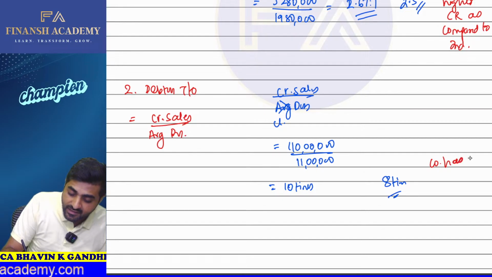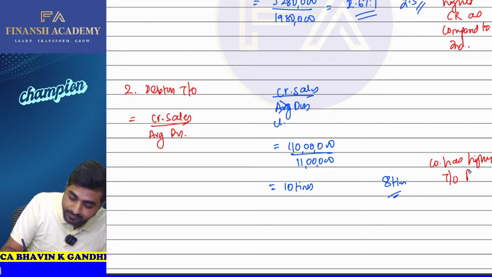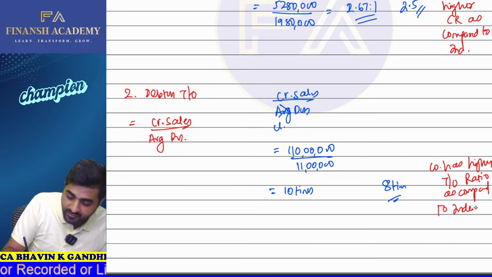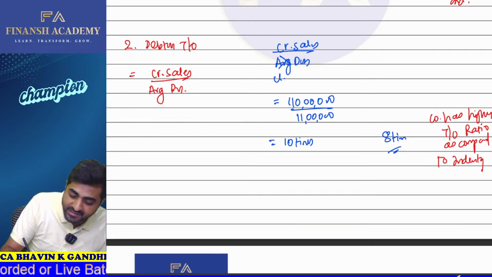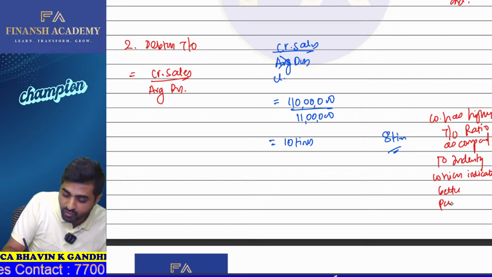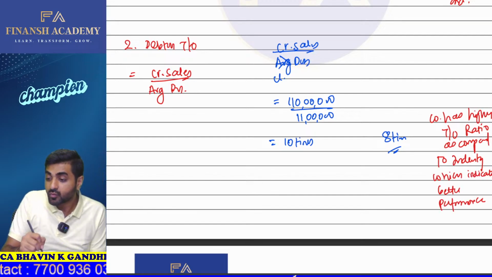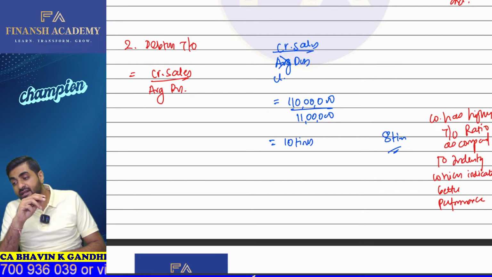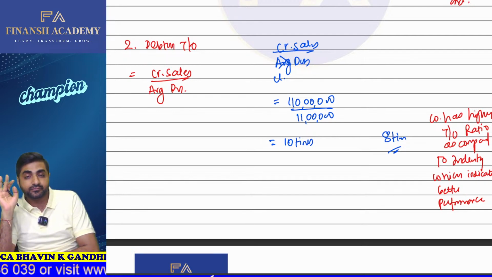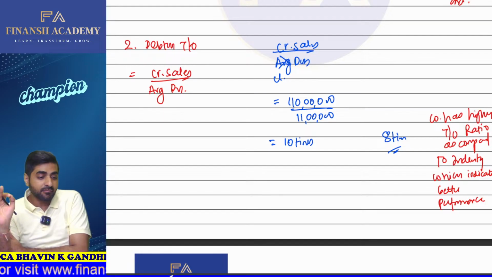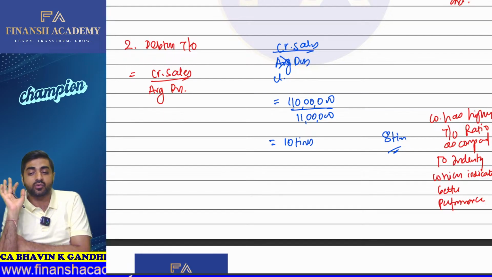Company has a higher turnover ratio as compared to the industry, which indicates better performance. Which indicates what, beta? This indicates better performance. So this is nothing but your debtors turnover ratio.